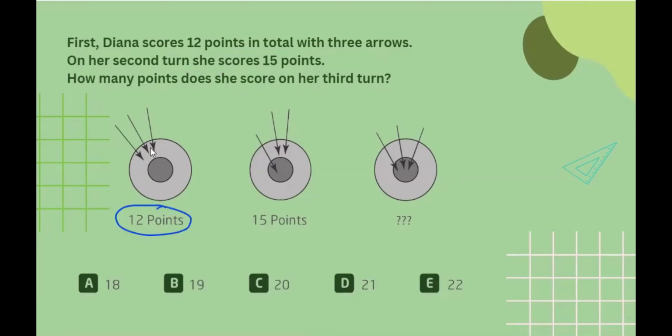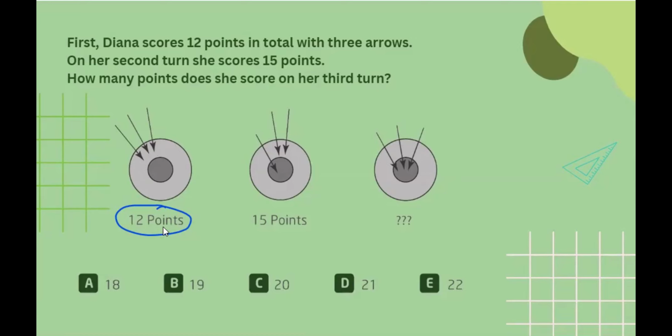As you see here, the 3 arrows are in the same position, so they have the same value. So all we have to do is divide the 12 points to see how much each arrow is.